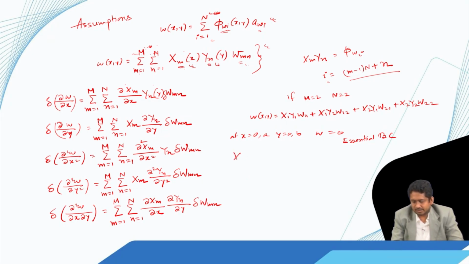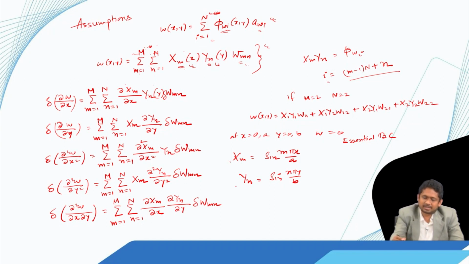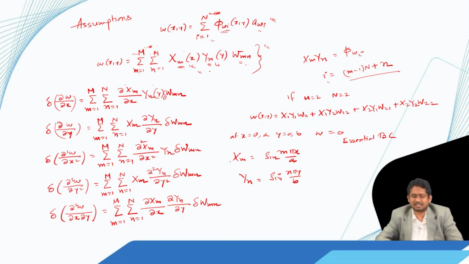So, for that we can write x m as sin m pi x by a, and we can write y n as sin n pi y by b. If I put this x m and y n here, we can see that the expression satisfies the essential boundary condition, and also for this problem it satisfies the natural boundary condition. Now, depending on the support type, we could have chosen different approximations as well.